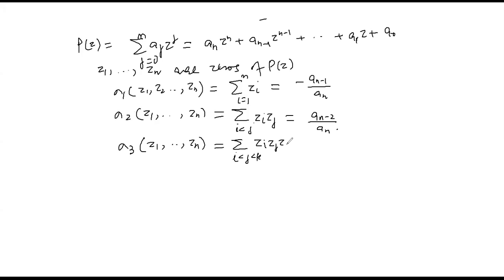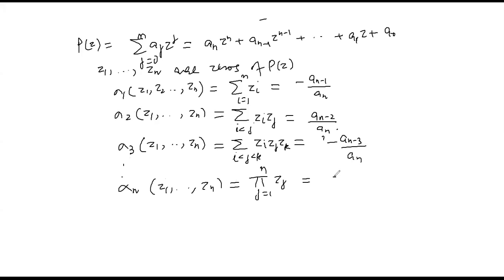You take 3 at a time and multiply them and then add them. And this would be minus an minus 3 divided by an. And when I go to sigma n, you define it to be the product. Take all at a time. So that is product j runs from 1 to n, zj.